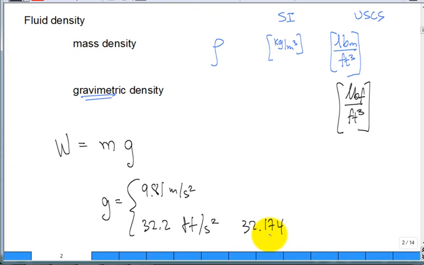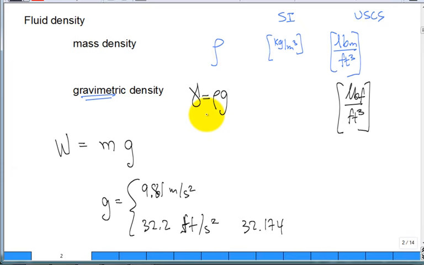It won't be 9.81 or 32.2. But every now and then we'll use the 32.2. Are these the right units? Is it really foot per second squared, or is it foot squared per second squared? What is it? Is this right? Yeah, it's right. True. All right, so gravimetric density, given the symbol gamma, which is rho g, that's how you calculate it.